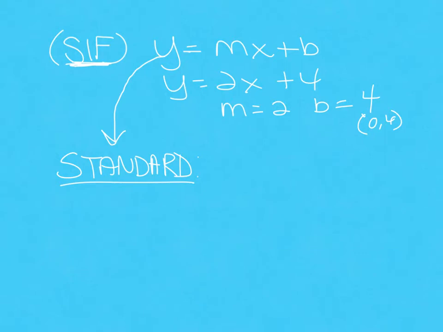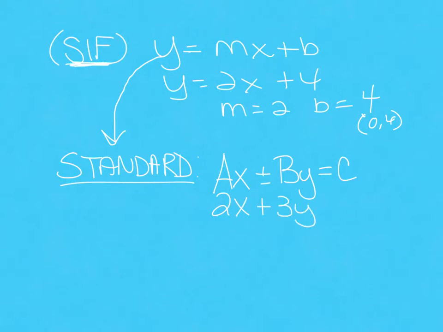All right, let's talk about standard form. The way they show standard form is like this, okay? Don't let all the A, B, and C scare you. If you've got something like 2x plus 3y equals 8, that's standard form.